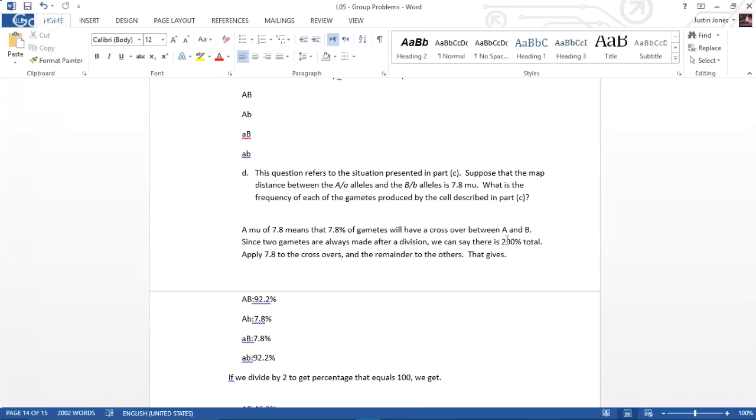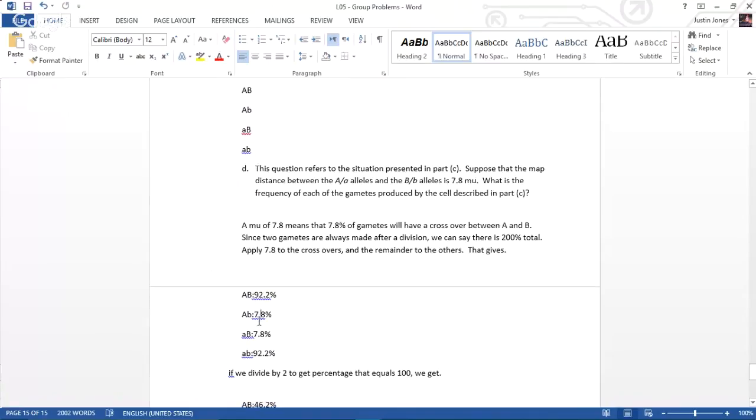So if we just focus on the first ones, we can figure out the second one. So if you ignore this section, we're just looking at just the big A. Question is, will it be with the B or the little b? And so this is saying if there's 7.8 map units away, that 7.8% of the progeny will be little b. So you get the 92.2 and the 7.8 added together gets the 200.